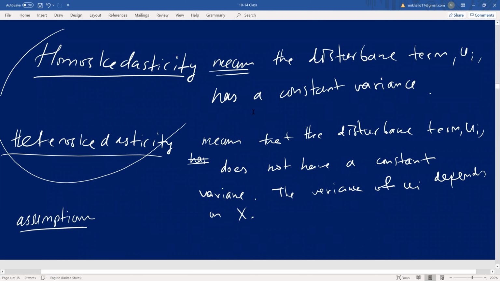No. Why? Because we don't know the values of UI, right? UI is a population term. It's a disturbance. We do not observe UI. Therefore, we never know whether the variance of UI is constant or not. Am I clear, guys?